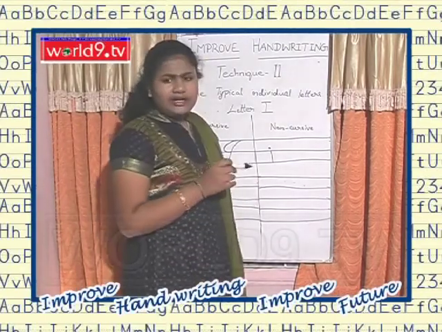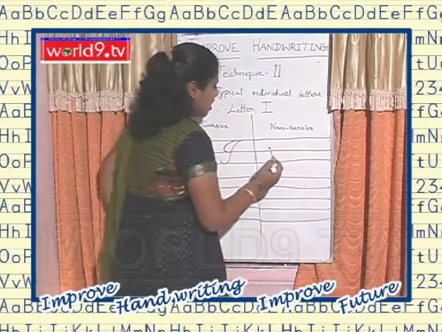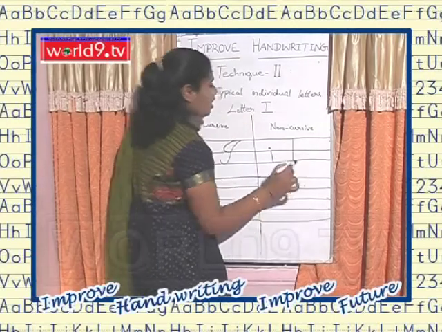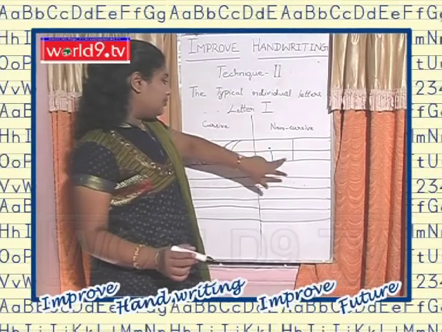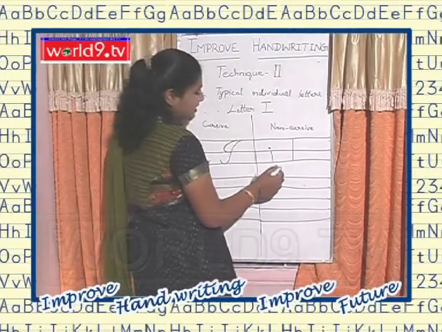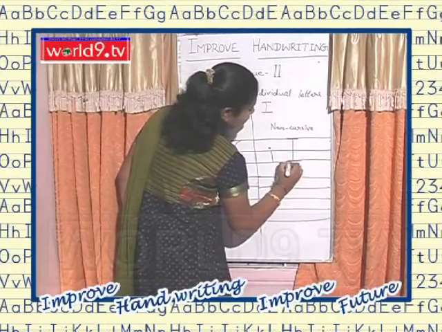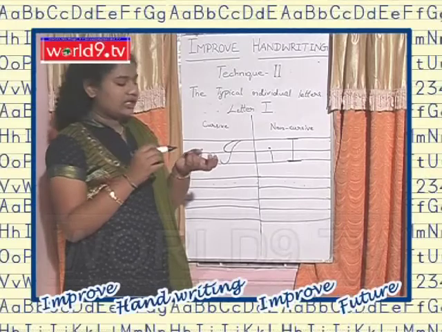Now writing I in big. See, capital letter I. From upper zone to middle baseline, in the middle part we draw a straight line, a single line, and up one line, down one line, up one line, down one line.